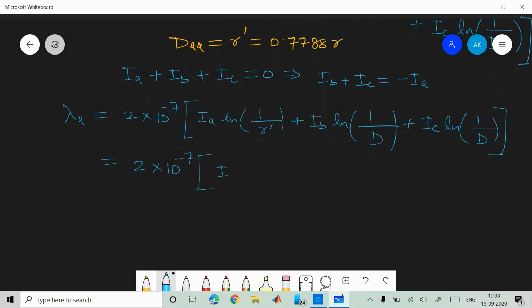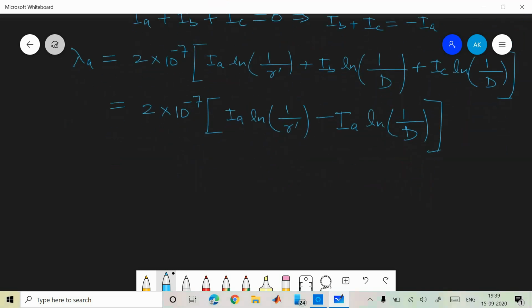First write IA ln 1 by R dash plus ln 1 by D, which is common. So you can take ln 1 by D as common, and you will get IB plus IC. That IB plus IC is minus IA. So we can directly write minus IA, and the common term was ln 1 by D. Now further you can simplify like this.